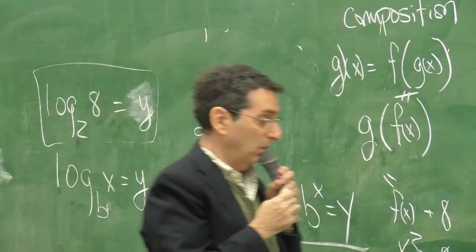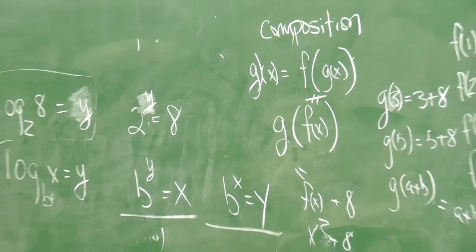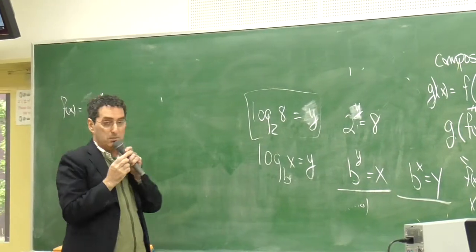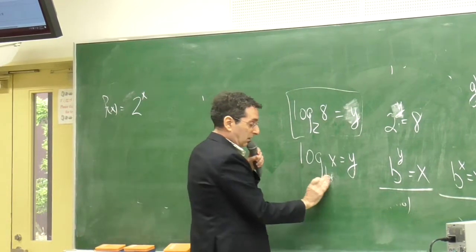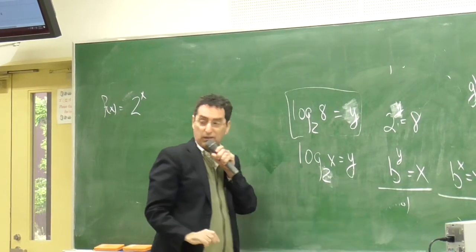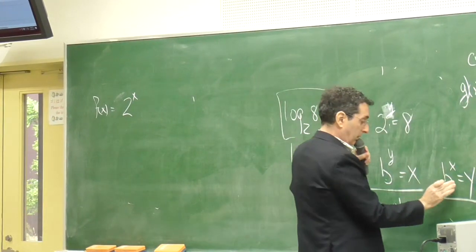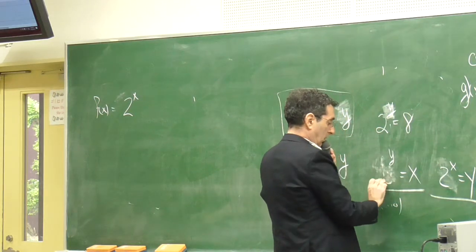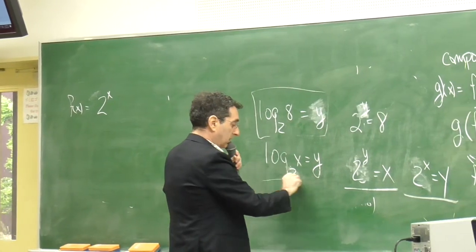So, let's take a more specific example. Let's say when b is 2. So this b is 2, and this b is also 2. What's the graph of this look like?